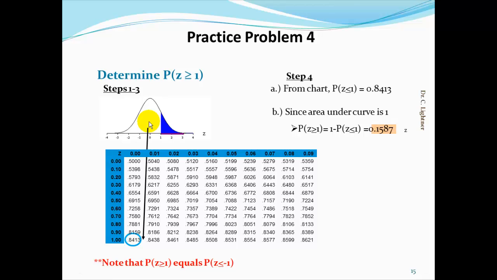Since the total area under our curve is equal to 1, then we know that our shaded area is equal to 1 minus the probability that z is less than 1, or 1 minus 0.8413, which gives us 0.1587. So the probability that z is greater than or equal to 1 is 0.1587.